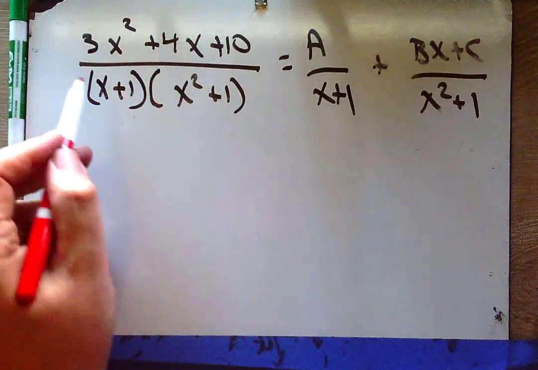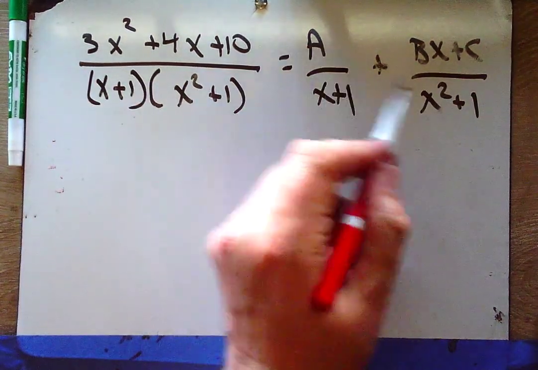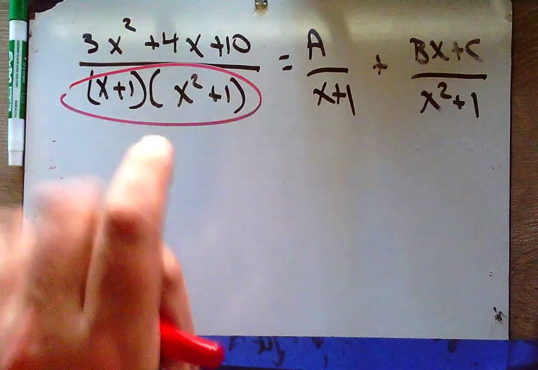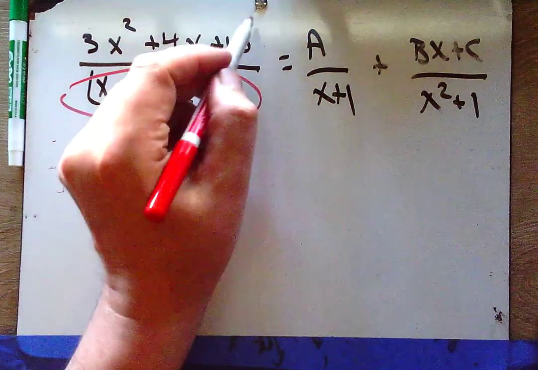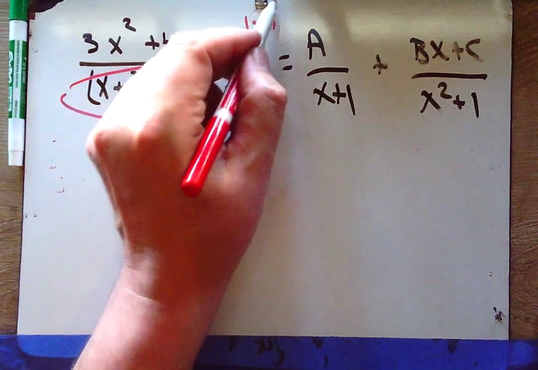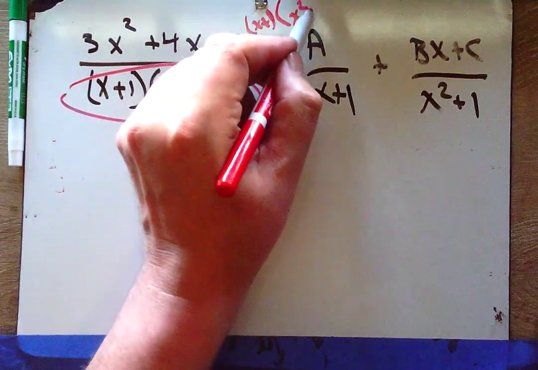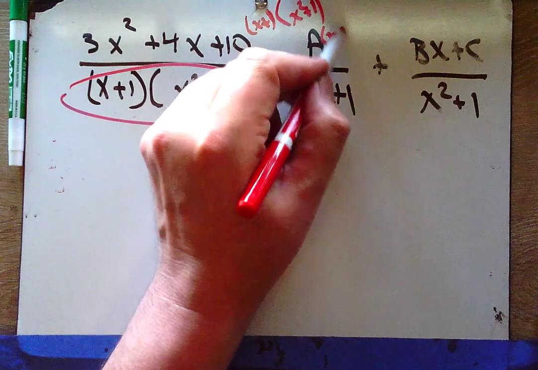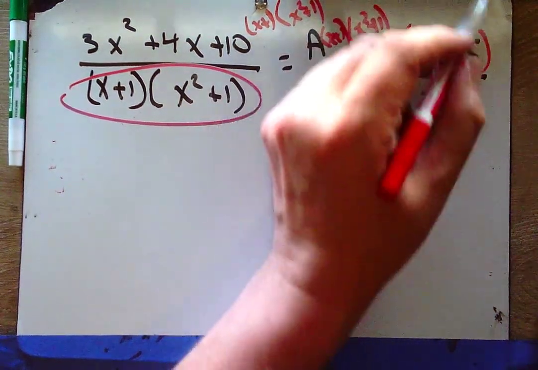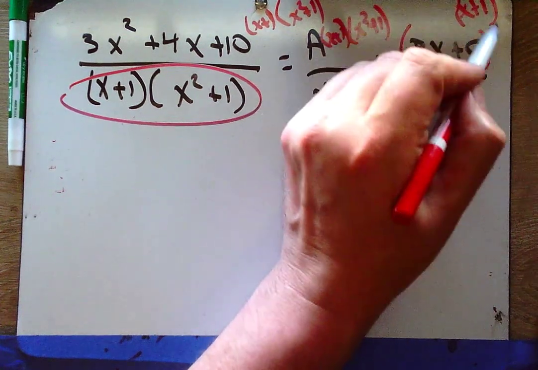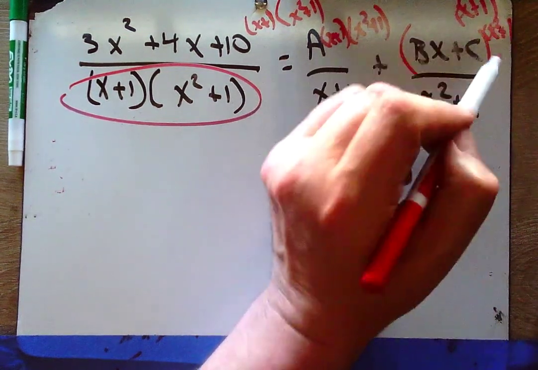So my least common denominator, this times this. I see it right here. This, whatever's over here, is always the least common denominator. So if I multiply by x plus 1 times x squared plus 1, and here, x plus 1 times x squared plus 1.